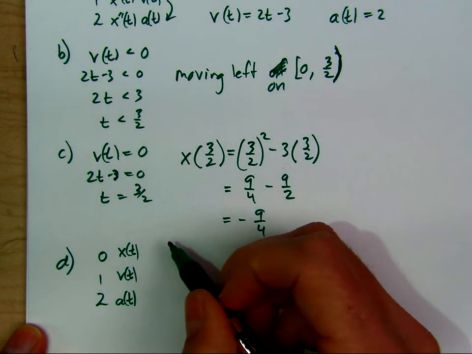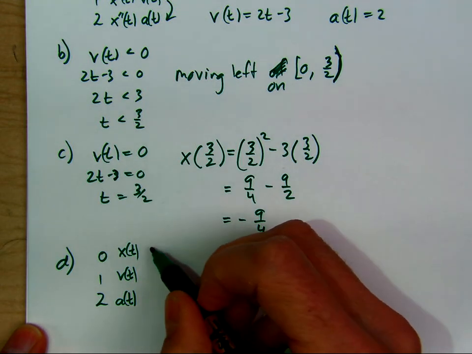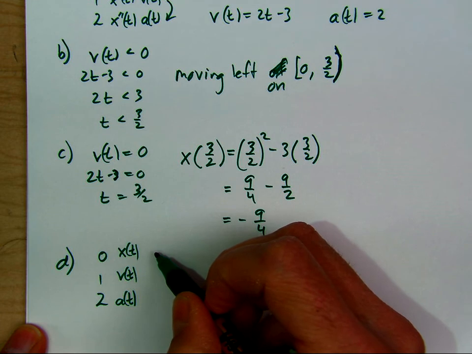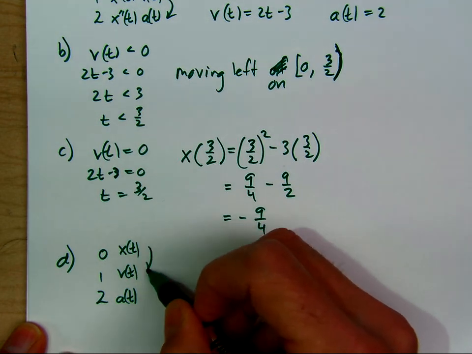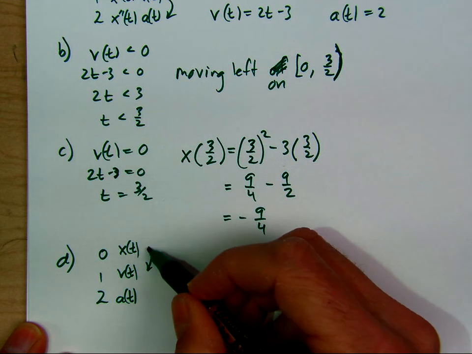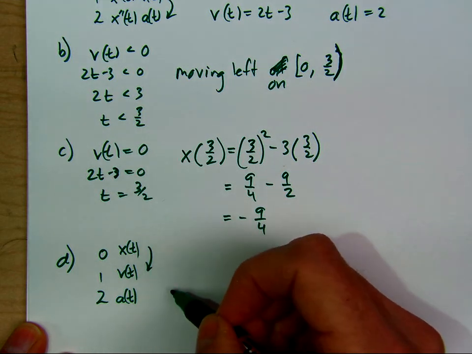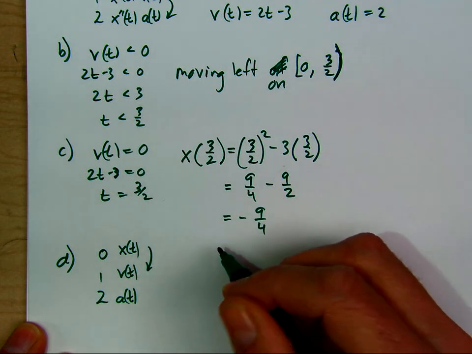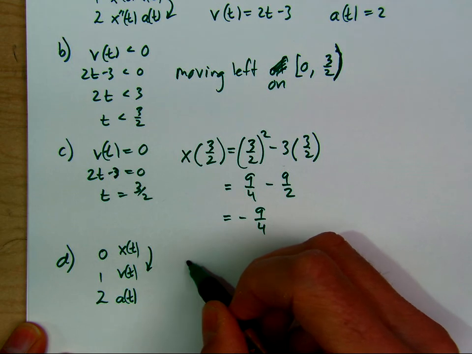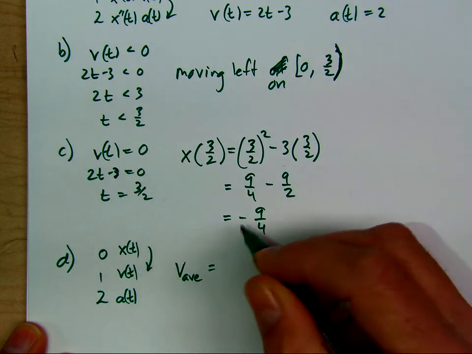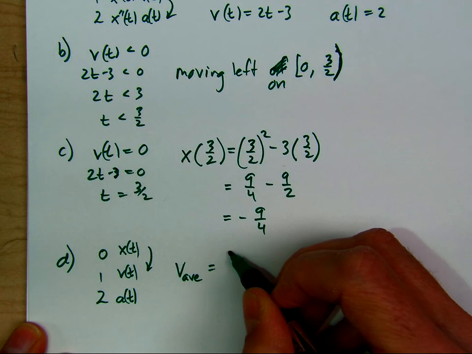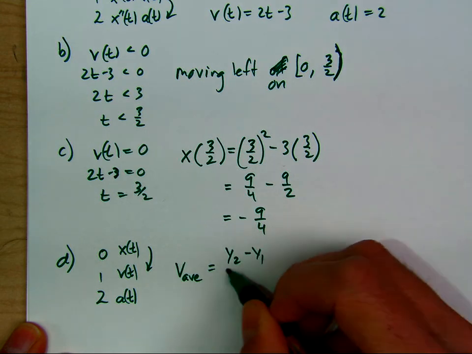So here's how we determine which one to use. We need the average velocity, but we're starting on position. So if it says find the average and we're moving down a level, that means we need the slope formula. So the average velocity is going to be, velocity average is, we could think of it like this.